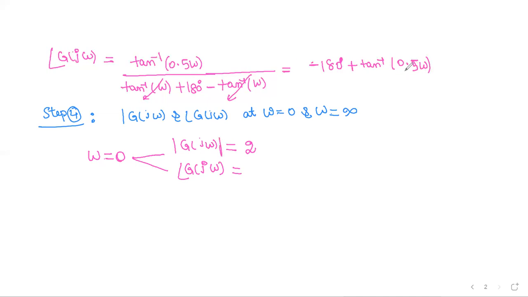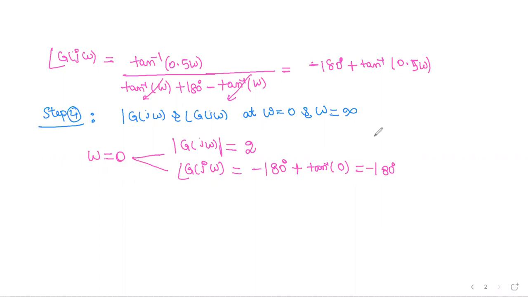Let us substitute omega equal to 0 in this. This becomes minus 180 degrees plus tan inverse 0, and tan inverse 0 is 0 only. So the angle is minus 180 degrees.